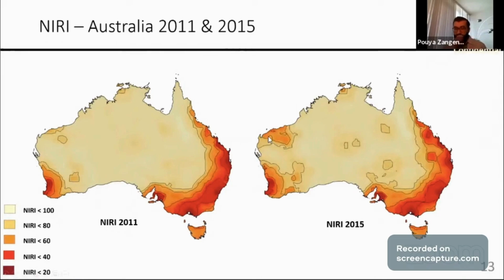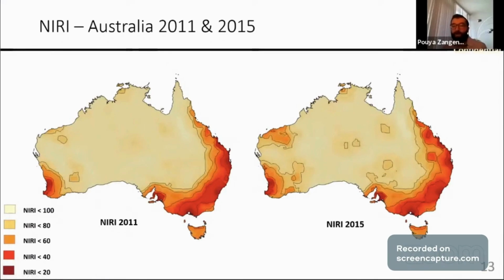This actually shows an angle that our index could show that perhaps ARIA or other remoteness indices cannot, because this is the mining region of Australia, Pilbara, and the economic activity there is mainly industrial in nature. There is not much established population in cities and all that, and that's why ARIA, for example, categorizes this as remote.